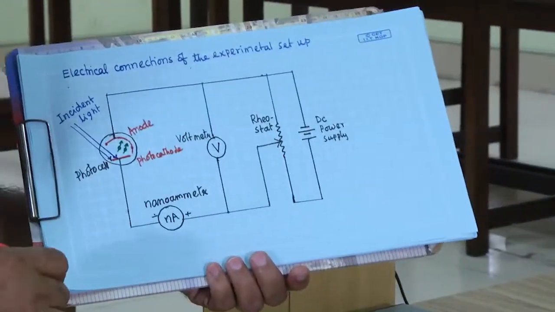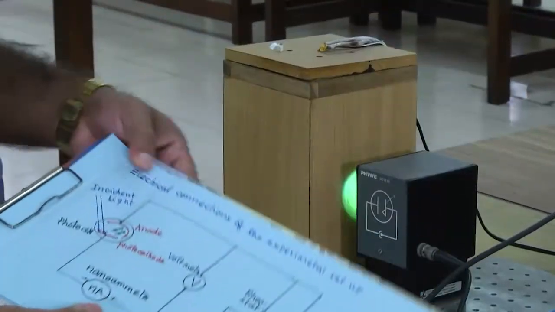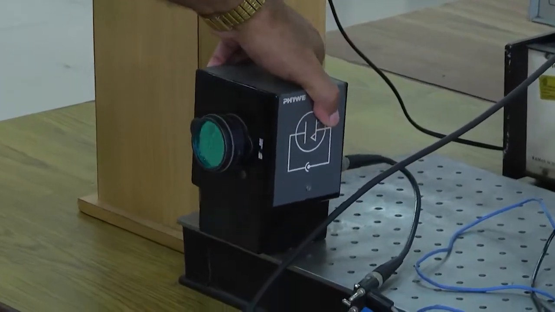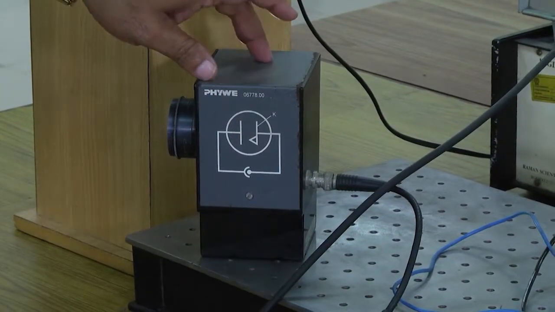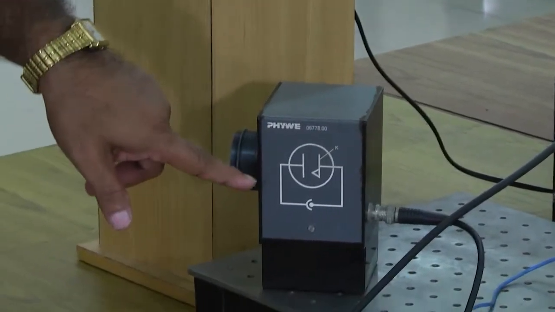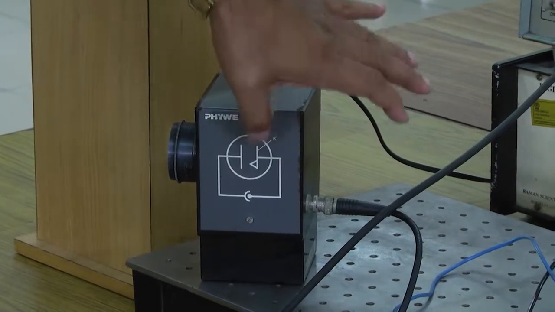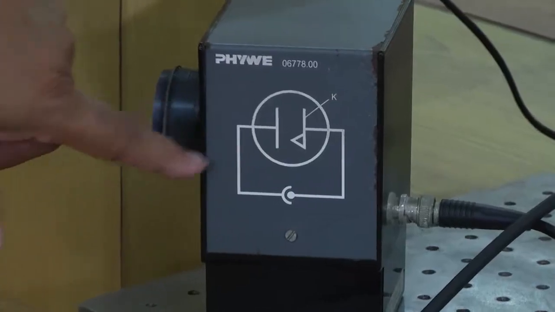Let us see which one is the photocell in this setup. This is the photocell basically; the element is inside. The cathode is marked K, and this is the cathode and this is the anode.